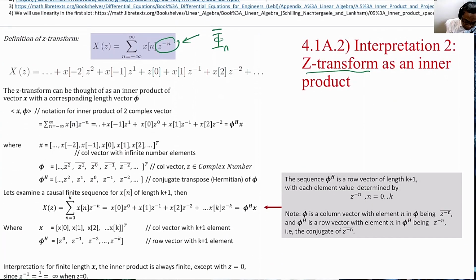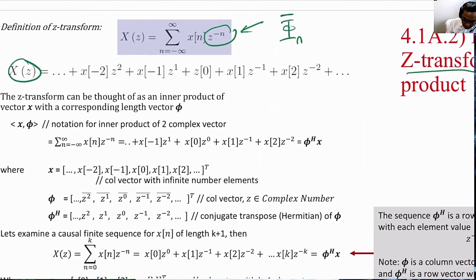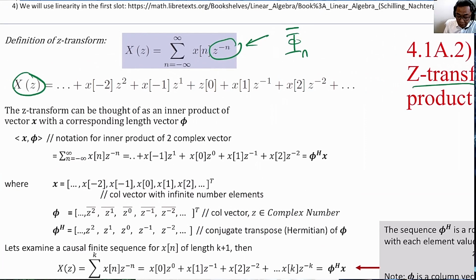Alright, let's expand X of z in terms of the Z transform equation. So this is z naught multiplied by x naught, this is x1 multiplied by z minus 1, x2 multiplied by z minus 2, x minus 1 multiplied by z plus 1.